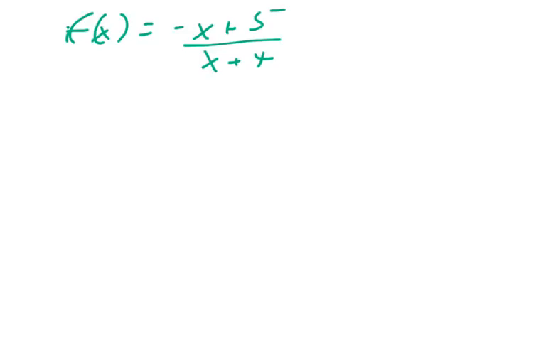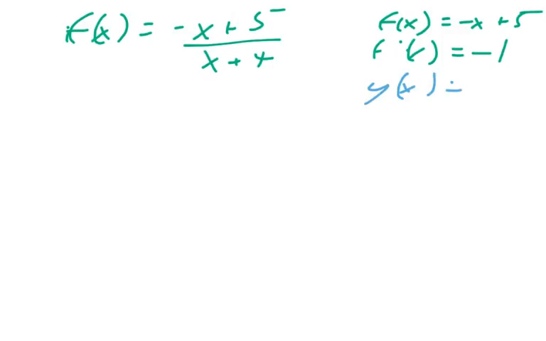Okay, once again, we're doing a quotient rule this time. The derivative of the top, I know I shouldn't use f, but it's just a way to get the derivative, is negative 1. The derivative of the denominator is 1.